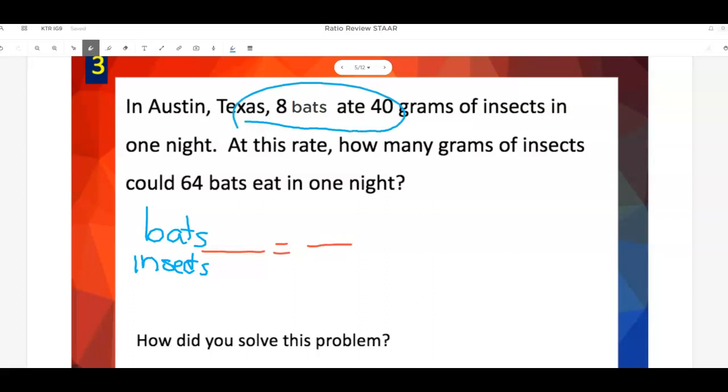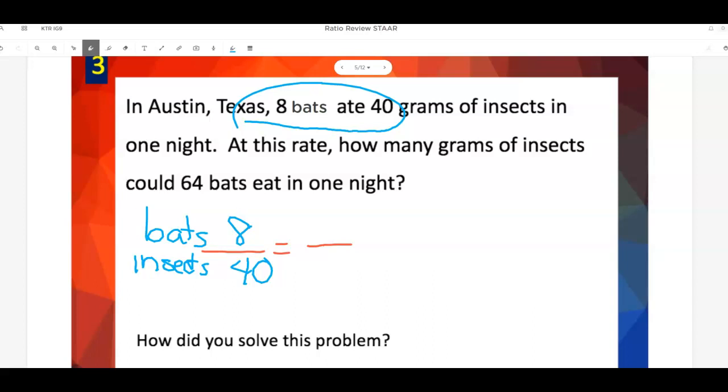Our first comparison is 8 bats to 40 grams of crunchy insects. So I'm going to write 8 to 40 right there. 8 bats goes with 40 insects. My next number is 64. Is it going to go on top or bottom?